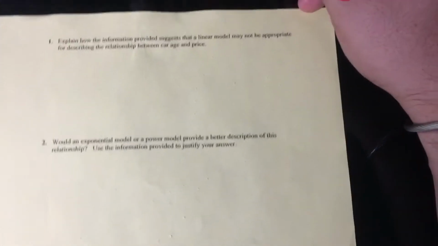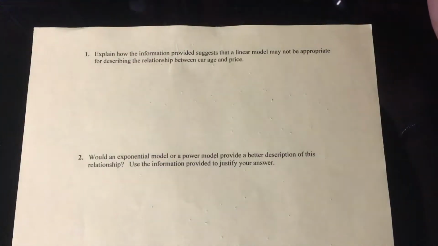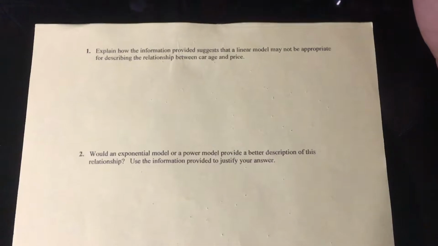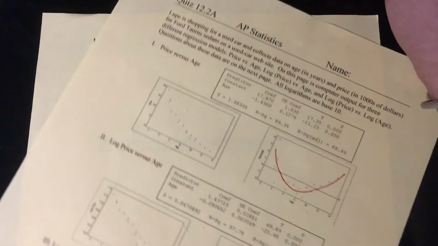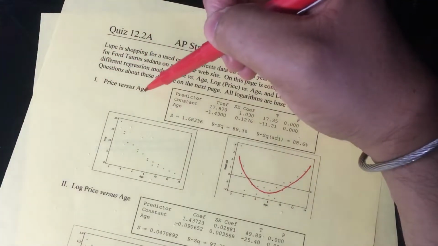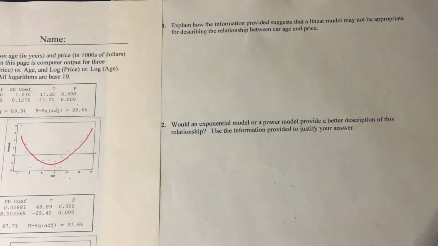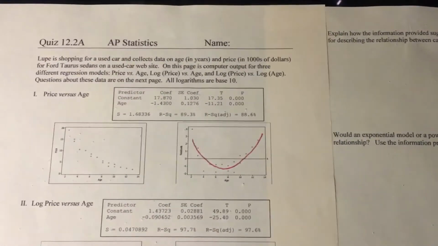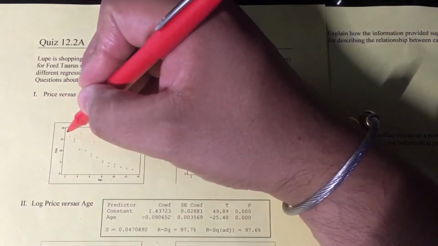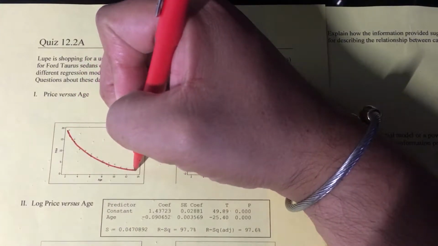Number one is asking, explain how the information provided suggests that a linear model may not be appropriate for describing the relationship between car age and price. Again, guys, if I just look at it, this is the price versus age. This is the way my graph looks. The reason I can tell that this is not a good fit, I would say something like, okay, this is actually curved a little, looks something like that.